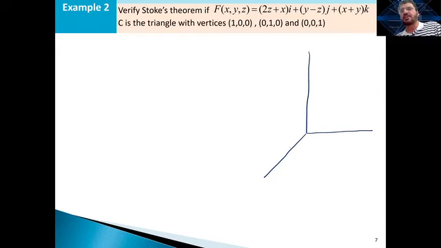The 1, 0, 0 on the x-axis, here it is. Here's 1 on the y-axis. Here's 1 on the z-axis. Connect those points. And connect these 2 points. Connect this 1 point. Right, so we have a pyramid.